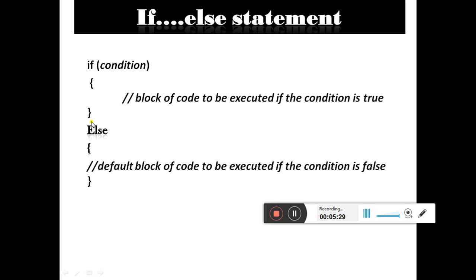Else, the default block, is the block of code to be executed if the condition is false. If the condition returns true, it will skip the else block, and if it is false it will skip the first block, come directly to the else block, also called the default block, and execute this block of code.